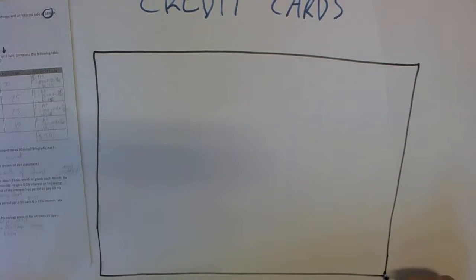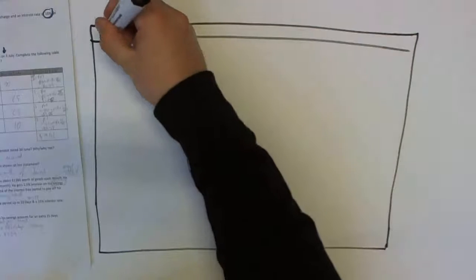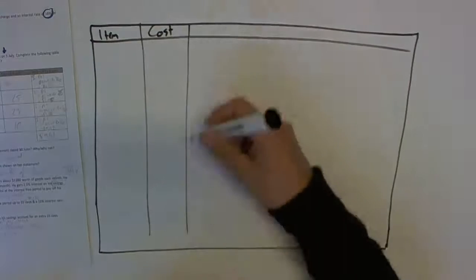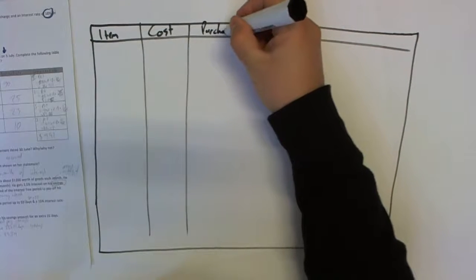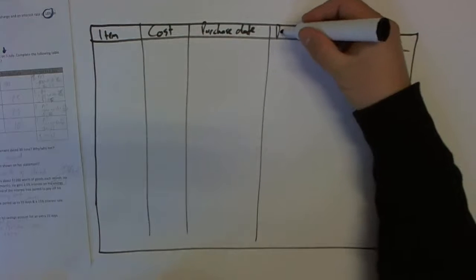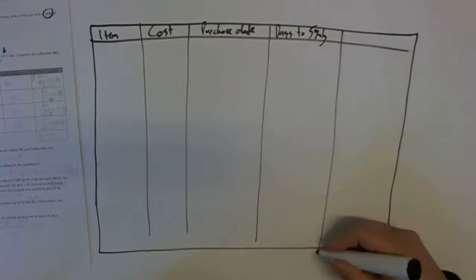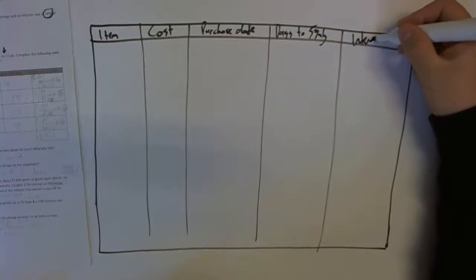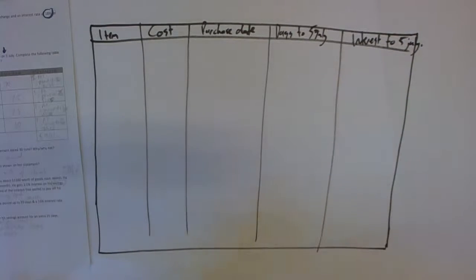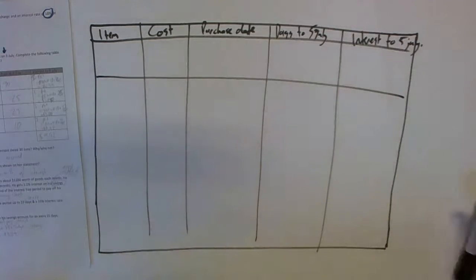Okay, now we've got item, cost, purchase date, days to 5th of July, and the actual interest owing to the 5th.